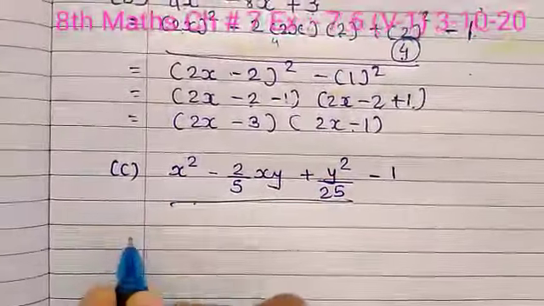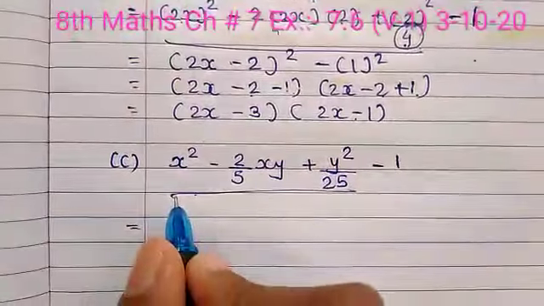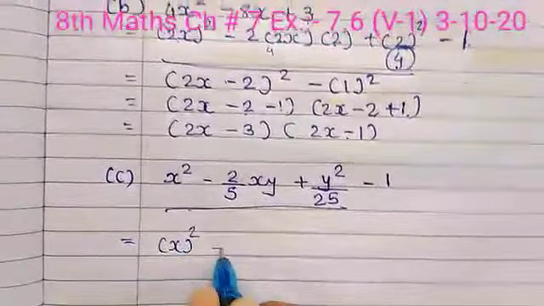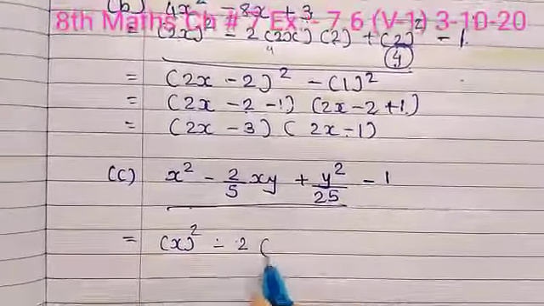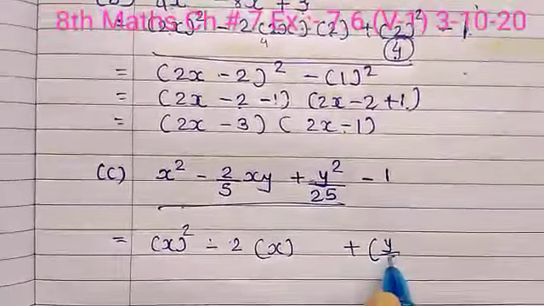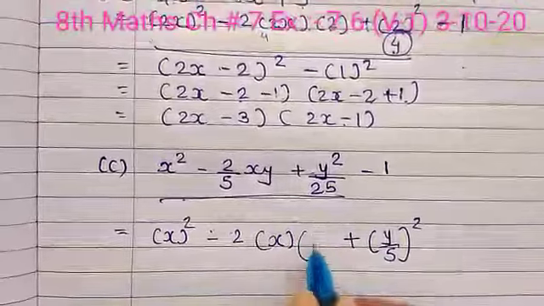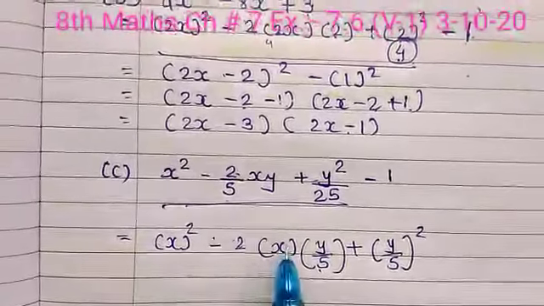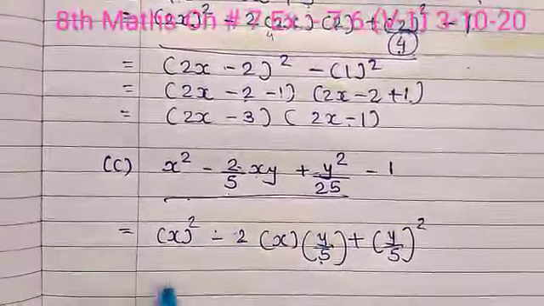Check whether it is given in a proper square form or not. So first is x square, right, minus 2 into x, right? Check this, it is a perfect square. Yes, so it is y upon 5 whole square is there, and here we can write y upon 5. So it is 2 upon 5. Yes, x, y and y. So it is already a perfect square.